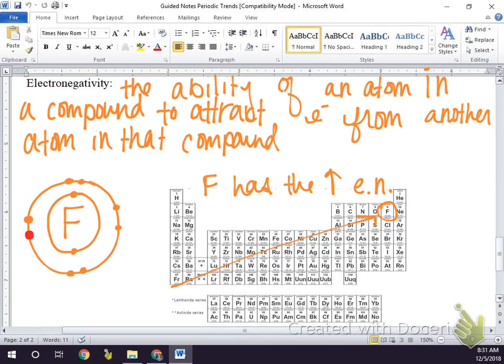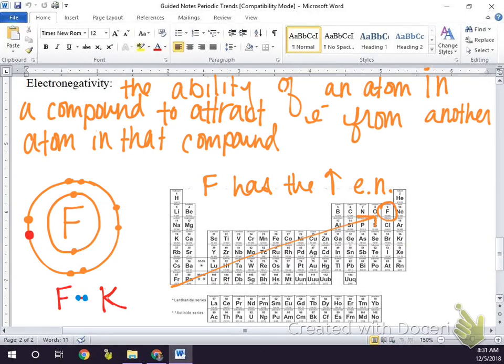So if I had a bond between fluorine and potassium, right, there's a bond. Each of them contributes an electron to this bond. Okay, so here it forms this bond. Fluorine wants electrons so badly that it will pull potassium's electron toward itself. So maybe now both the electrons in that bond are shaded towards fluorine instead of being shared evenly.